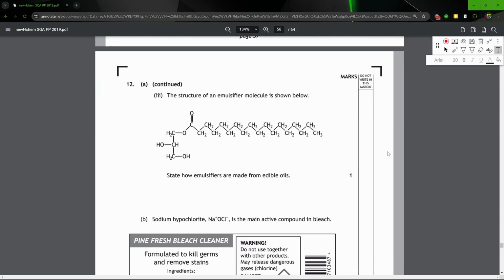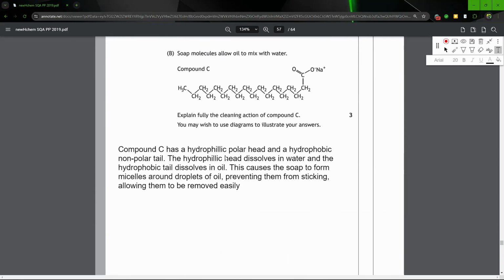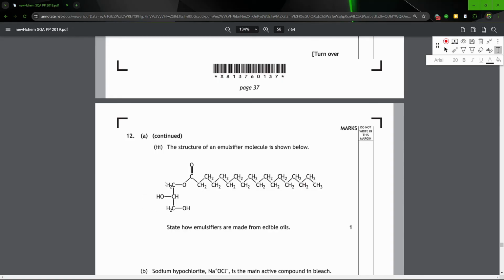The structure of an emulsifier molecule is shown below. State how emulsifiers are made from edible oils. Looking at the diagram would probably give you some clues. You've got this glycerol molecule here, and then we react it with edible oils, because it says it's made from edible oils.